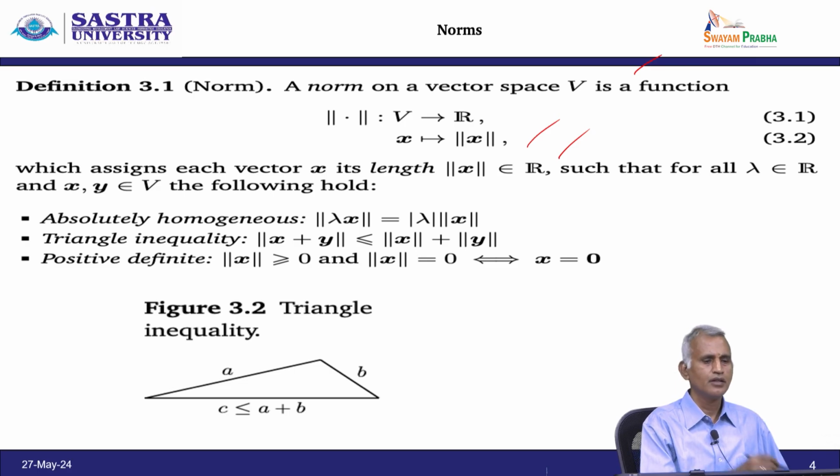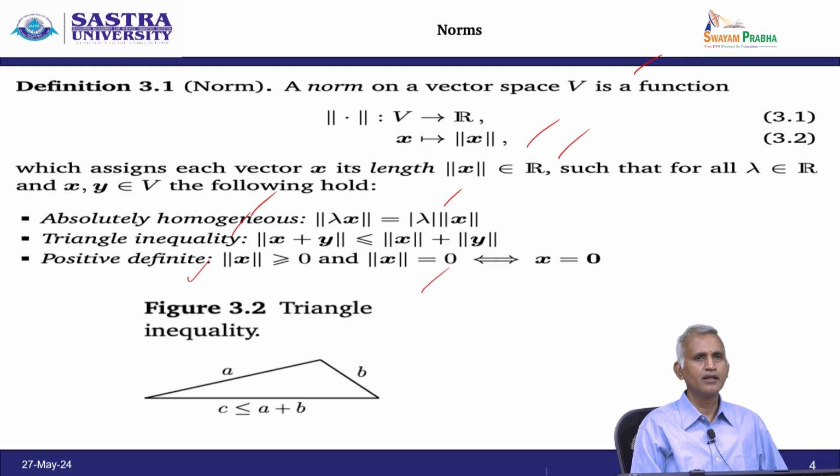One is absolutely homogeneous, that is norm of lambda x equals modulus of lambda times norm x. Next one is the triangle inequality: norm of x plus y is less than or equal to norm x plus norm y. If it is positive definite, then norm of x is positive, and norm x equals 0 if and only if x equals 0. So, this is the meaning of the norm of a vector.